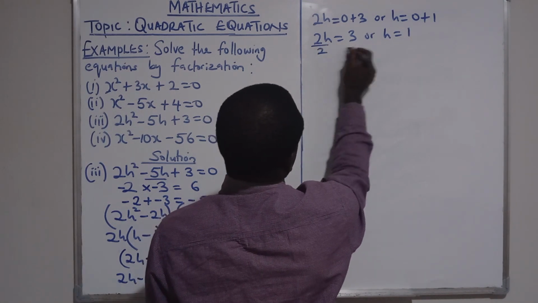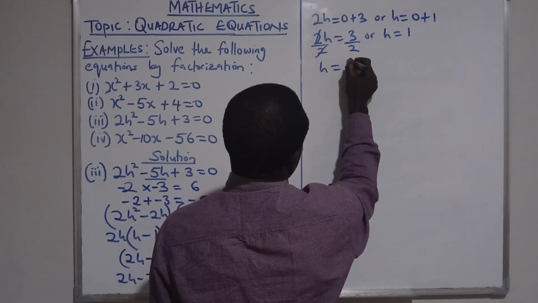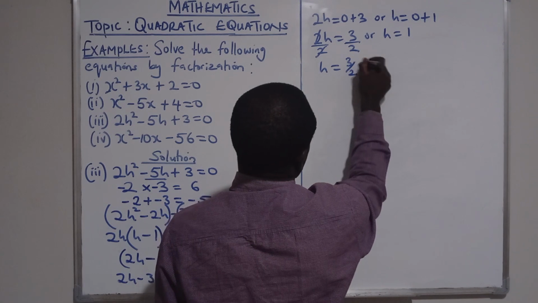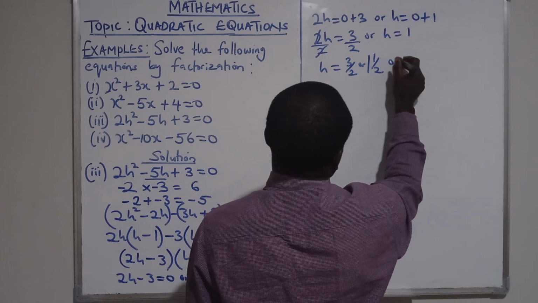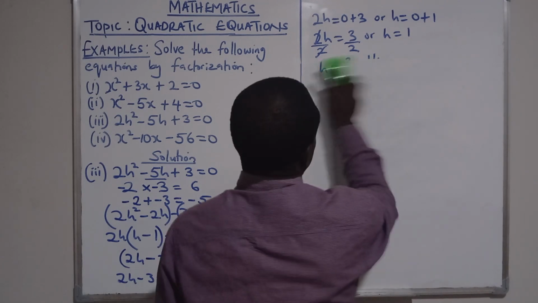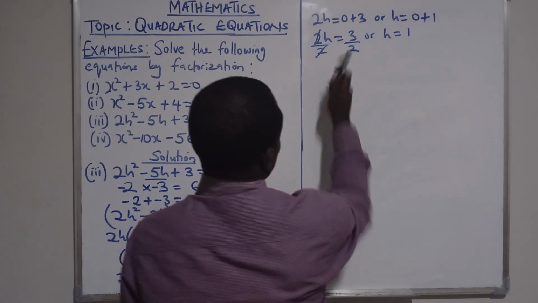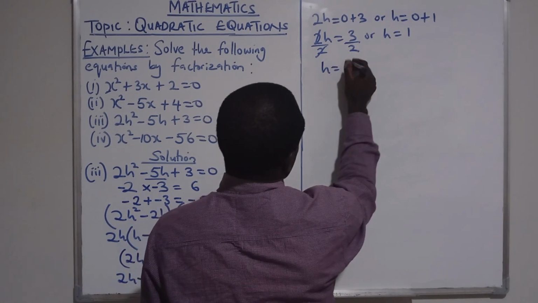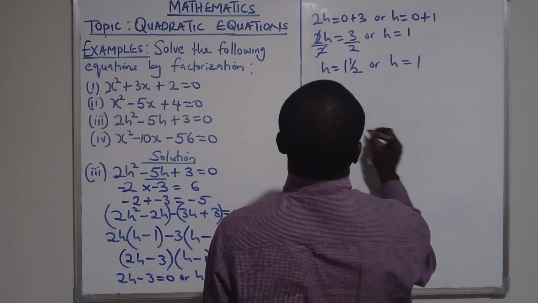Divide this out by 2. These two cancel. h equals 3 over 2, or h equals 1. Okay, let's go step by step.